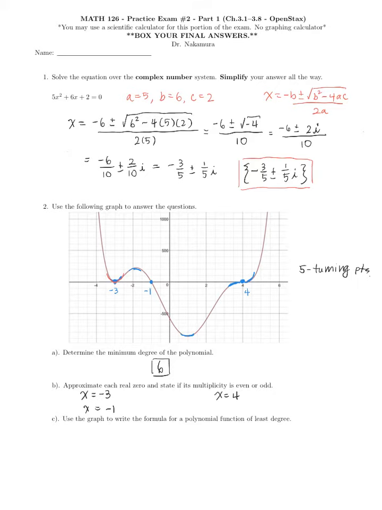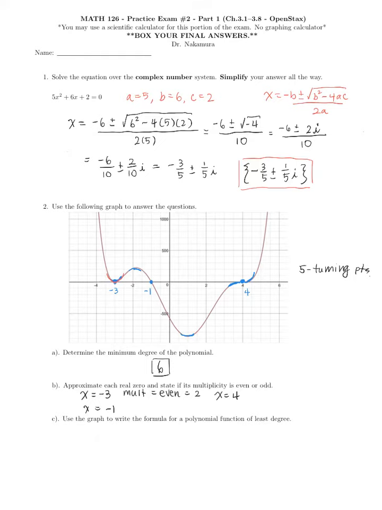So I'm going to say that at x equals negative 3, the multiplicity will be even, and probably it's going to be maybe 2.